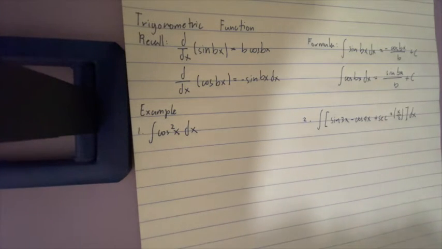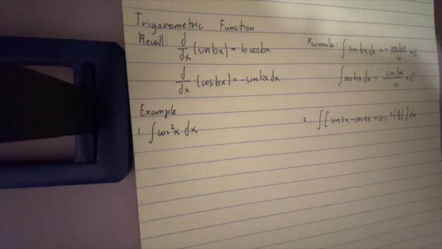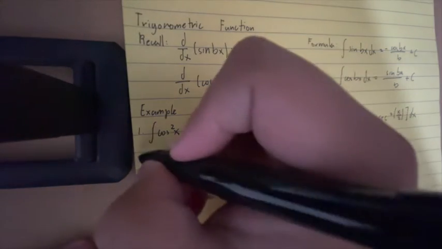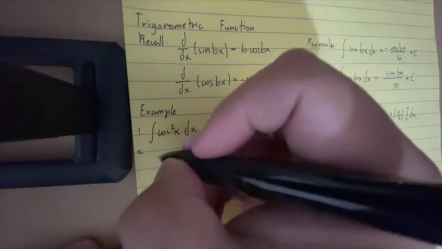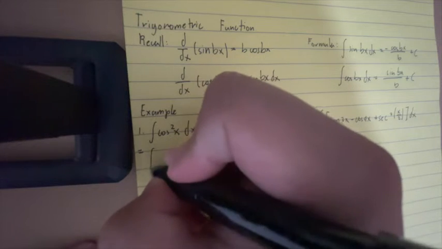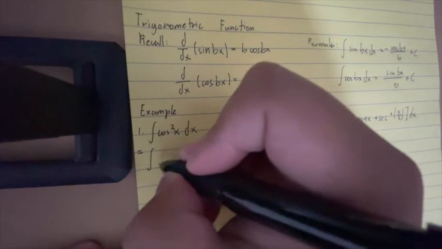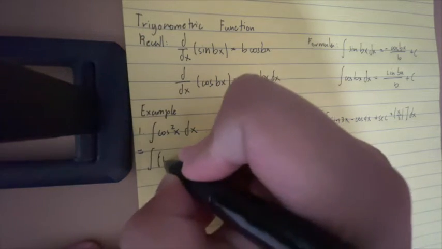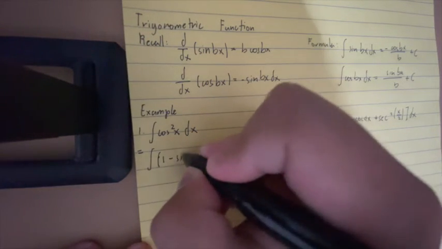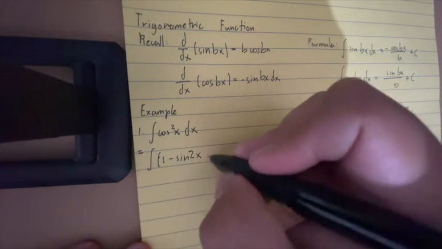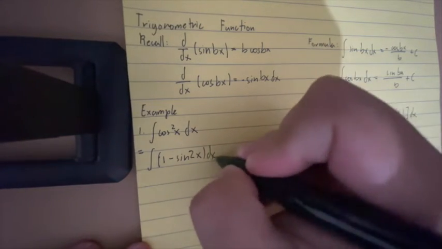For the example, we're going to solve the integral of cosine squared x dx. So we're going to start with the integral of one minus sine 2x dx.